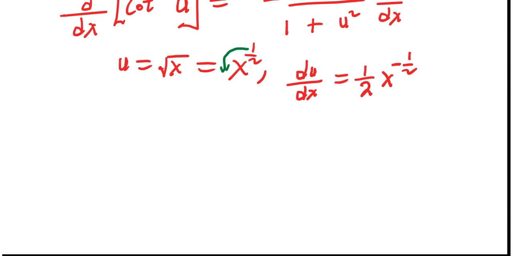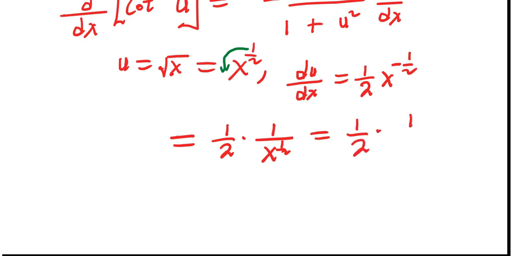And we can also write this as 1/2 times 1 over x to the power of 1/2, and this will be equal to 1/2 times 1 over the square root of x, and finally this will be 1/2 times root x.